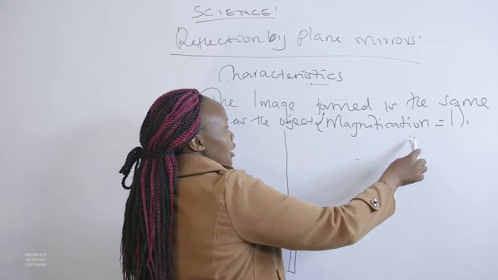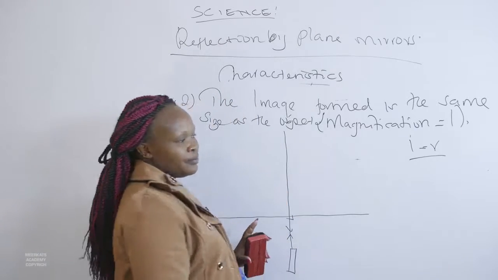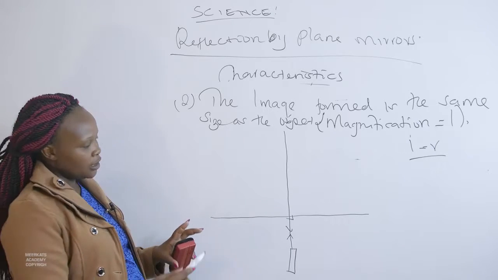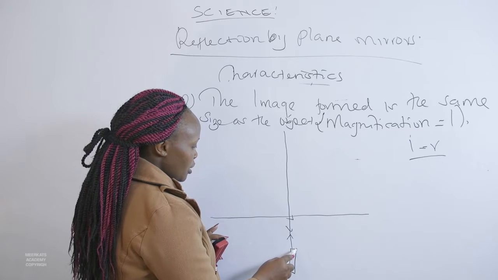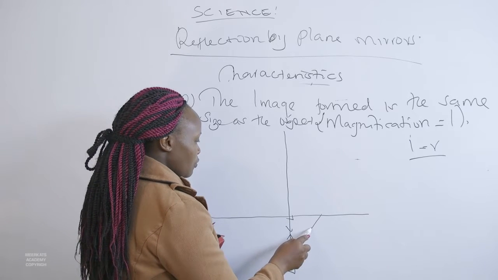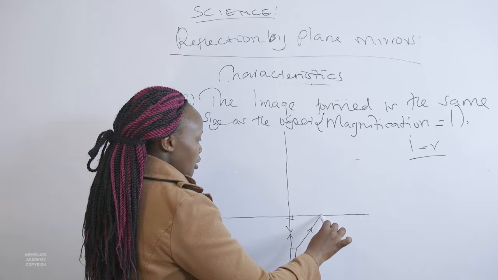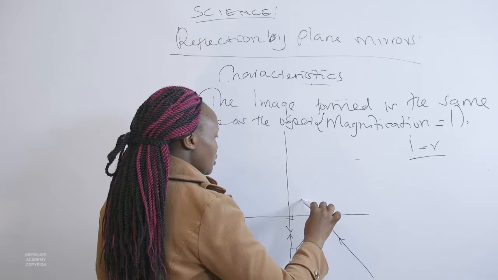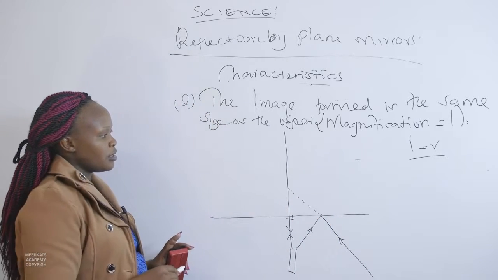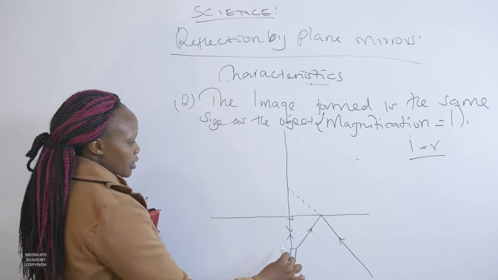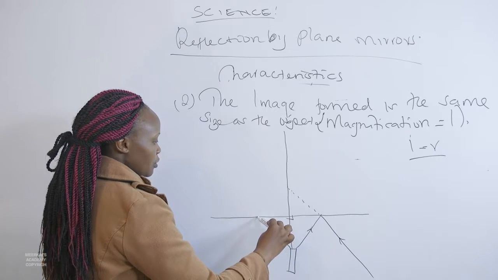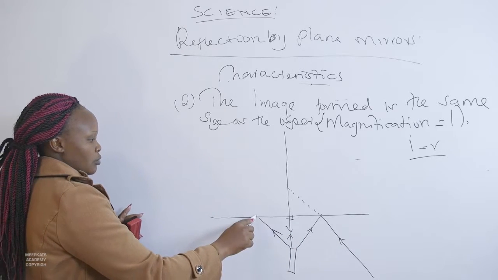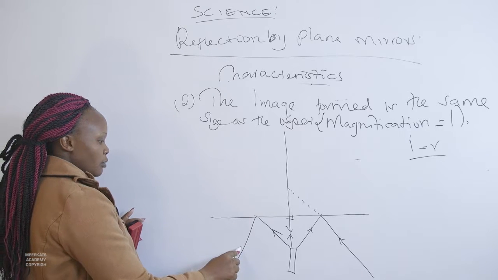I has to be equal to R. Therefore, this ray is going to pass on undeviated. Let us take some 2 rays from the top of our object. Again, we are going to reflect that, extend it to some point there. We can have another one from the top to that point. When it is incident, it is also going to be reflected in that manner.